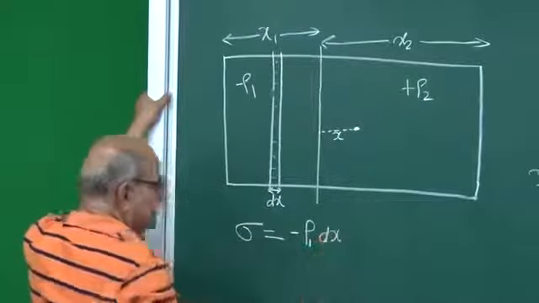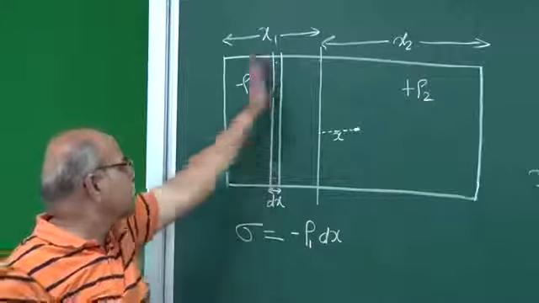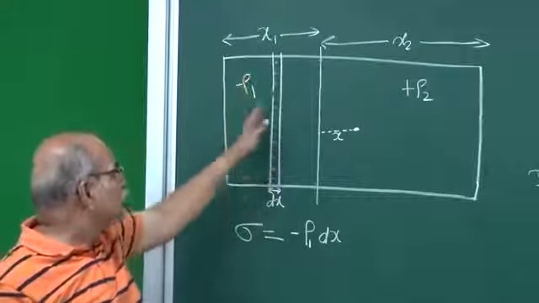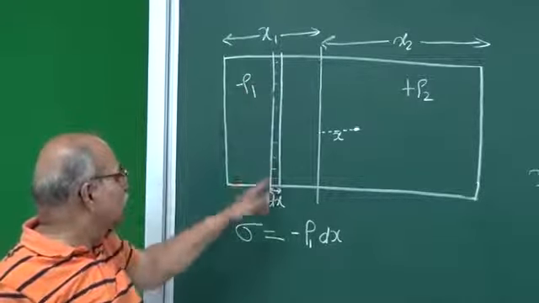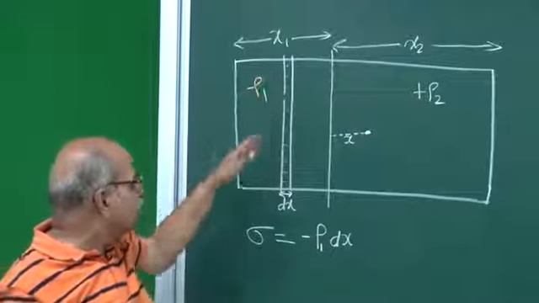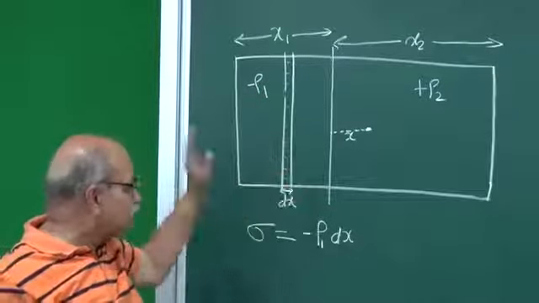Since it is a thin layer, I am taking dx, so I can treat this whole charge as on a surface charge layer. The total charge will be minus rho 1 times dx times that area, and then I divide by the area to get charge per unit area, and that will be this much.